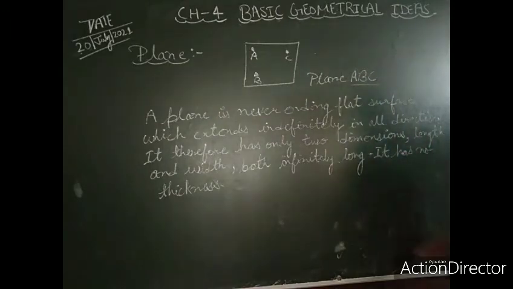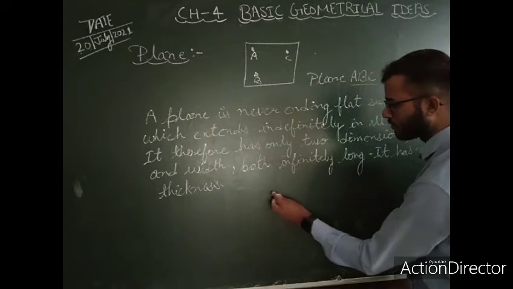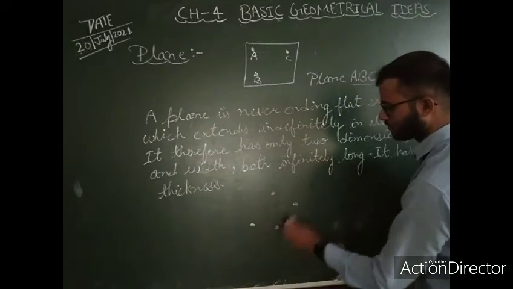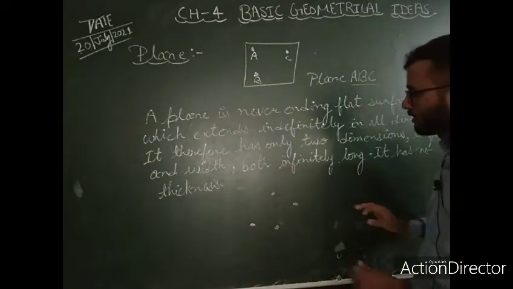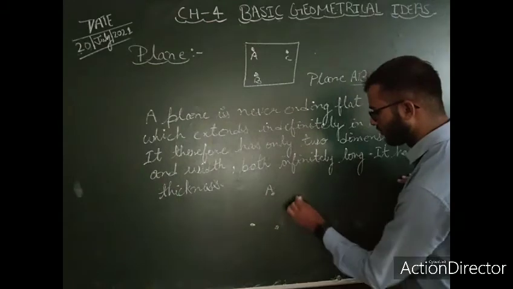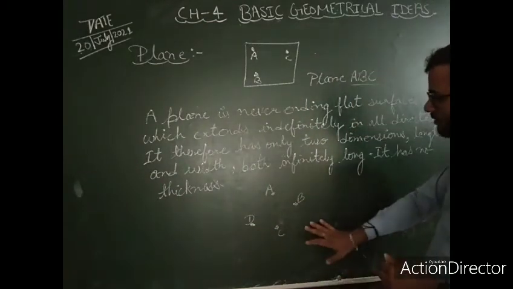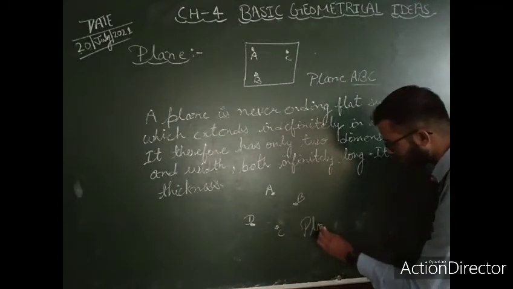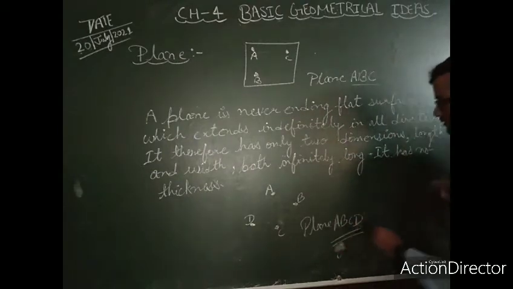Now we take another example also, like here we take 4 points on this board because this board is also a flat surface, right? So here we write A, B, C, D. So what is the name of this plane? So the name of this plane is plane ABCD, right?